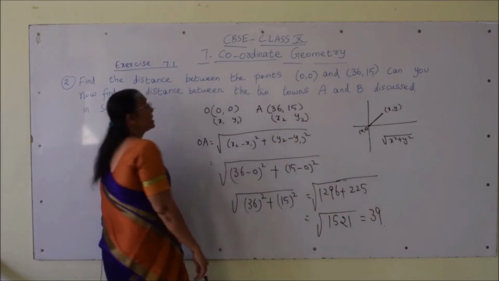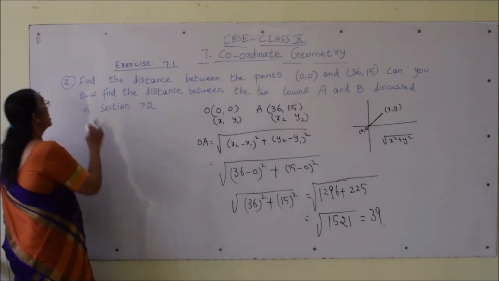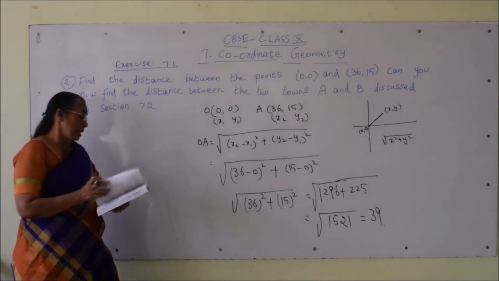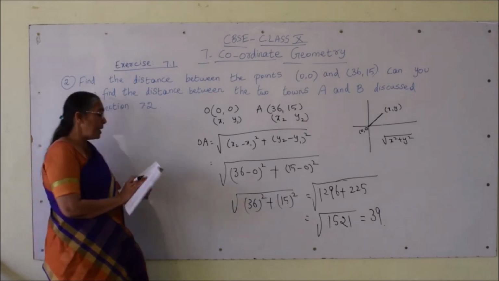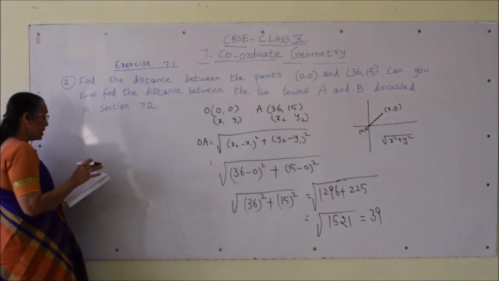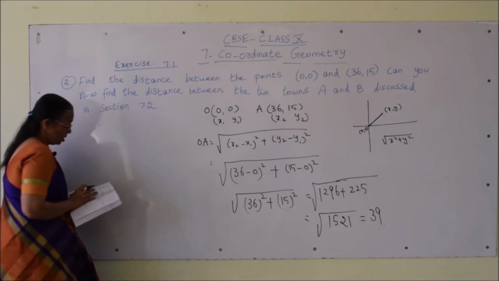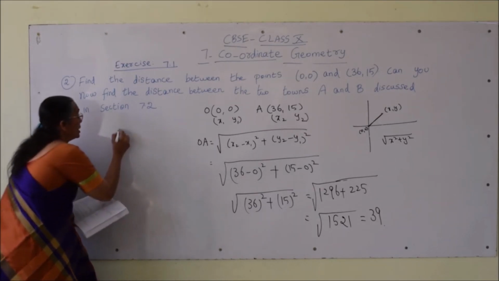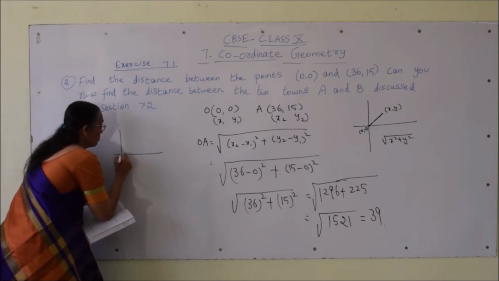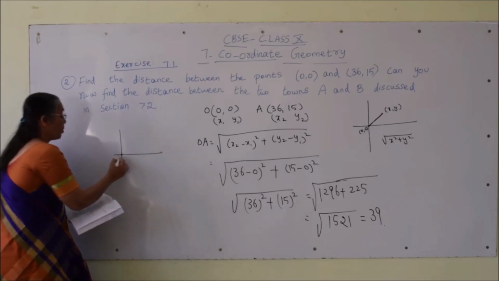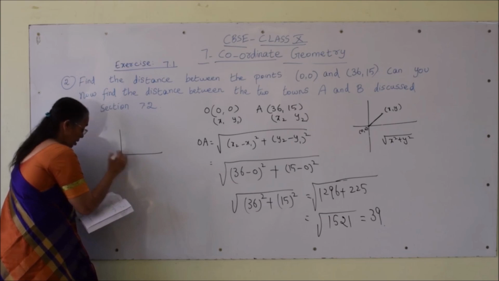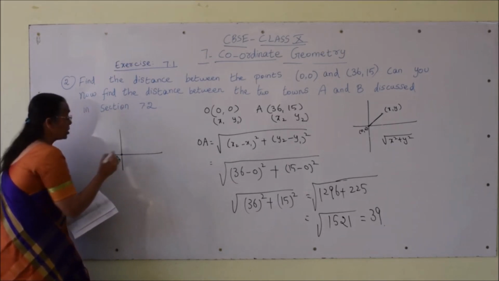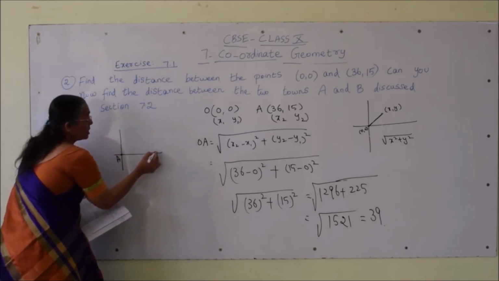Now, let us see what is given in section 7.2. In section 7.2, it is given that a town B is located 36 km east and 15 km north of the town A. We can take this as a point A. East we move towards this side.